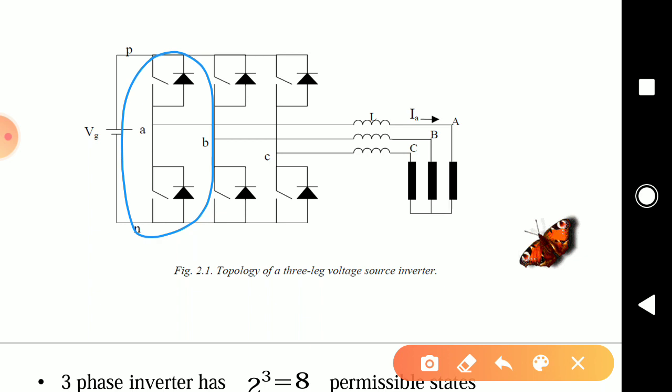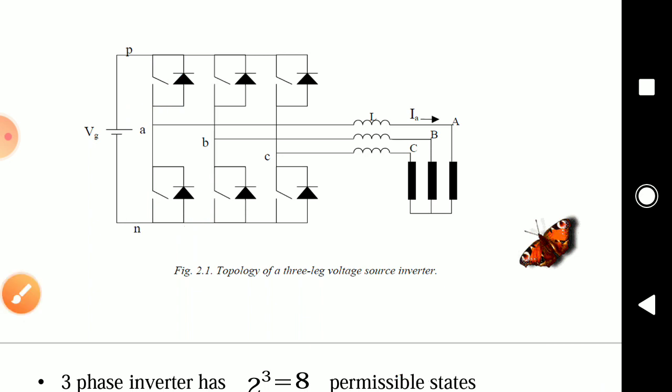If this P switch is on, the N will not be on. If N is on, then P will not be turned on. So we just need to note that.